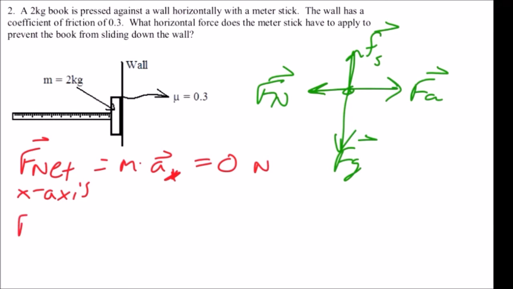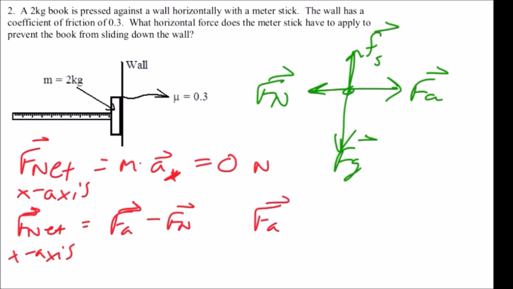Now, what's the next F-net statement? Very good. What are all the forces? Force applied minus the normal force. Now, what do I do? Set them equal. So I can say that the force applied minus the normal force must equal 0.